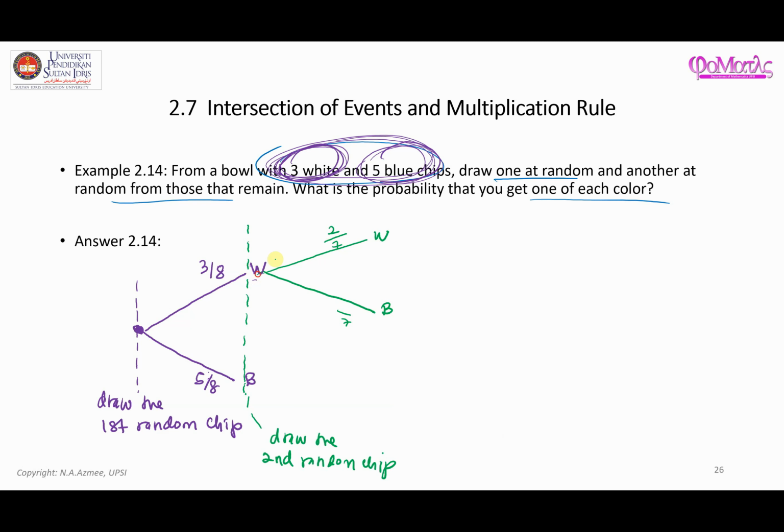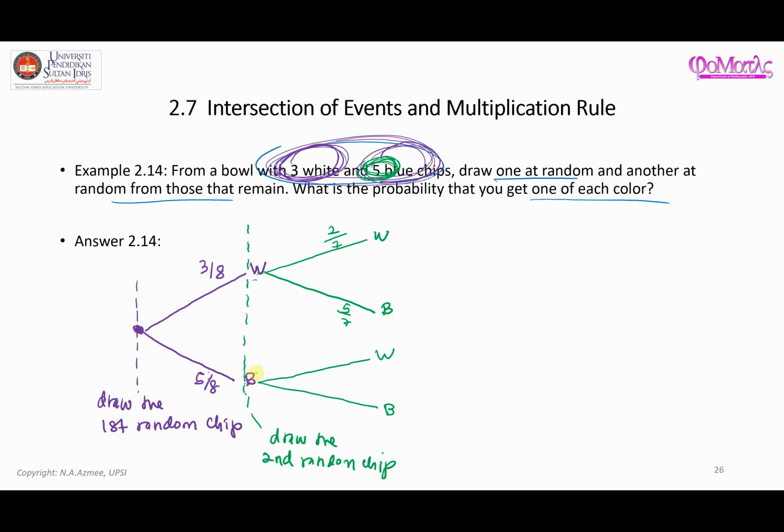That means the number of blue chips is still going to be 5. So here is going to be 5 over 7. That's the probability of getting a blue chip given that you have taken a white chip. So this is 5 over 7 plus 2 over 7. You should take note that the probability should be equal to 1. Now let's move on to this stage here. So here we can also get a white chip and a blue chip.